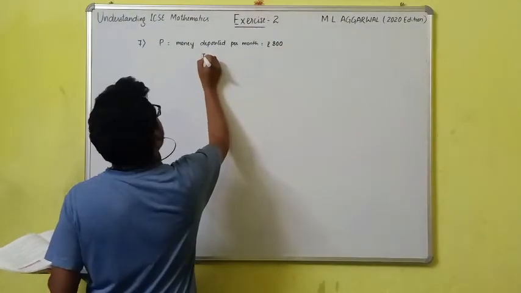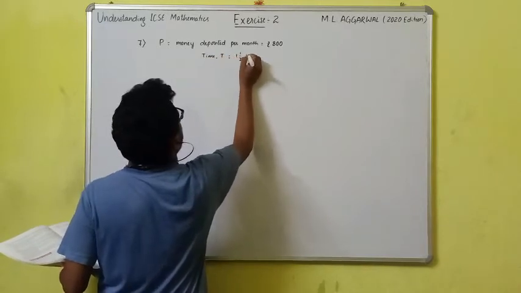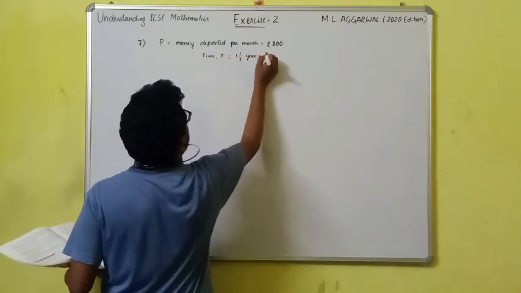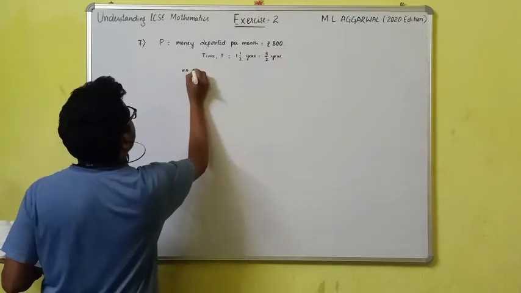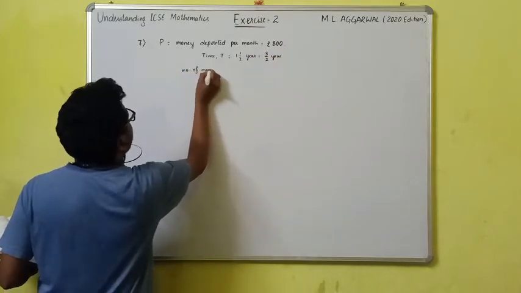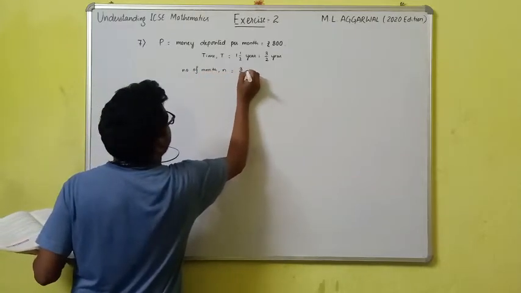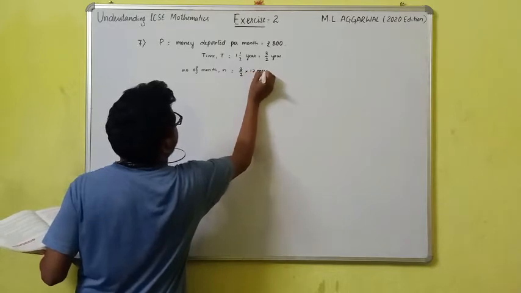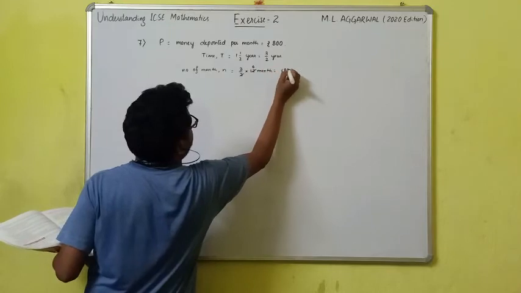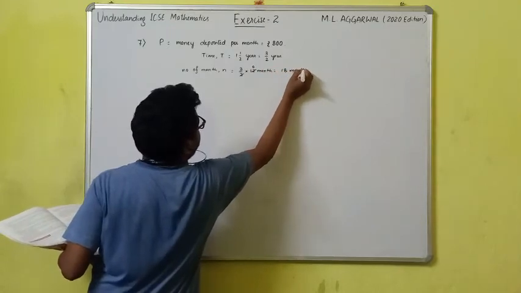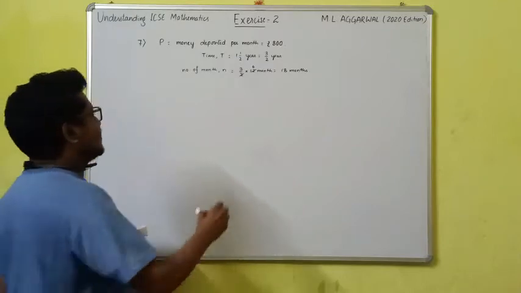Time T is equal to 1.5 years. 1.5 years means it will be equal to 3/2 years. So the number of months n is equal to 3/2 into 12 months, which will be equal to 18 months. So now what do you have to calculate? I have to calculate interest.